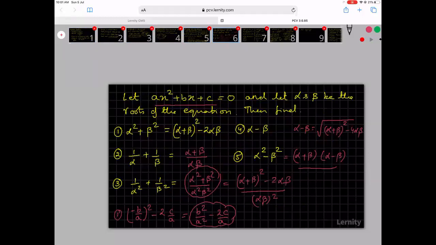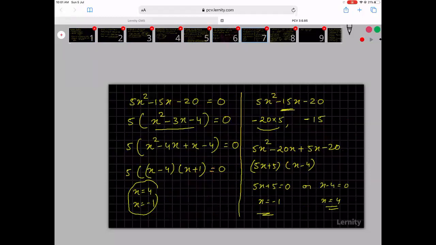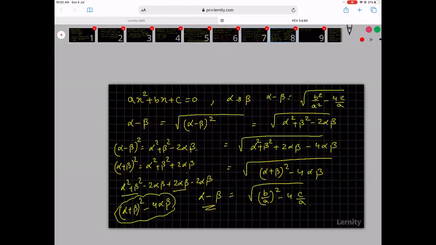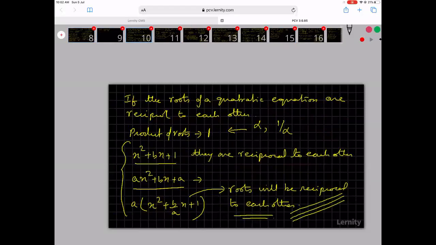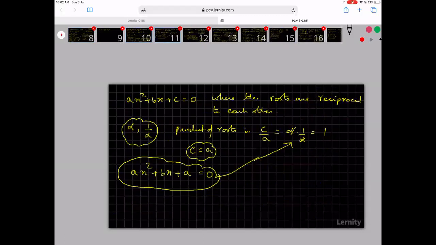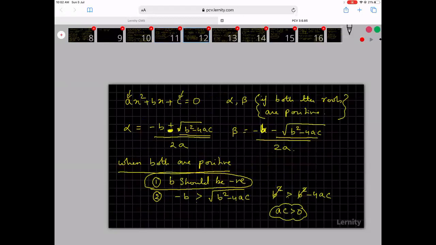Sixth one. Seventh slide. Eighth slide. Tenth one. 11th. 12th.